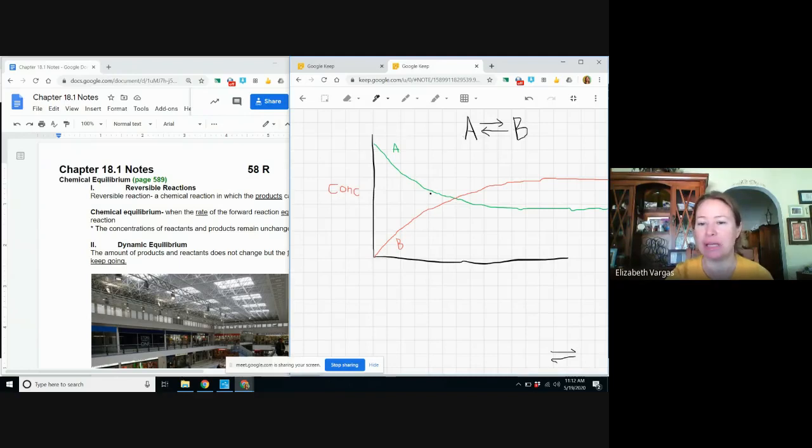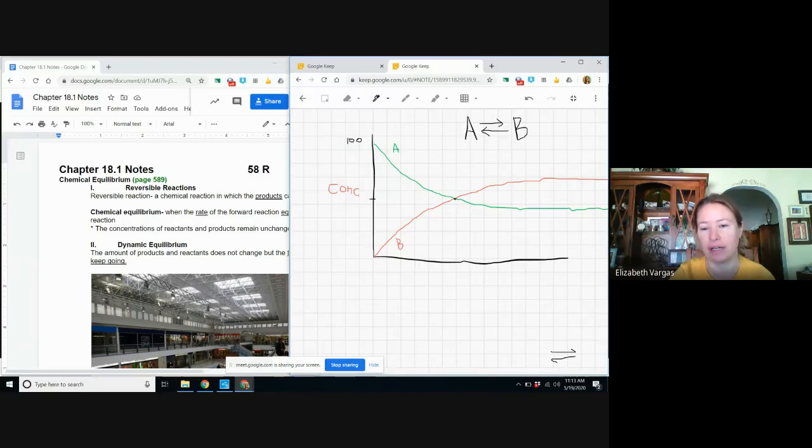A decreases, B increases. Right here, this would be equal concentration. So if we had really easy numbers like in our simulation, I told you to start with about 100 green A molecules. And if they're going down, down, down, and this is going up, up, up, when they reach this point, it's not necessarily, but it could be at 50, 50.